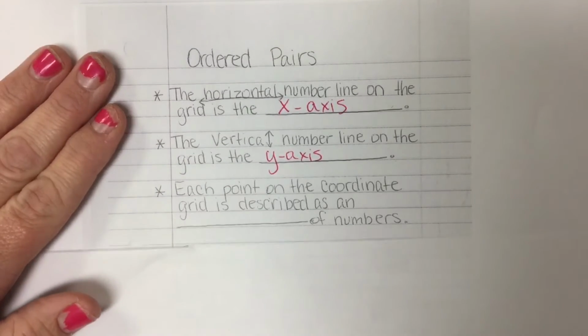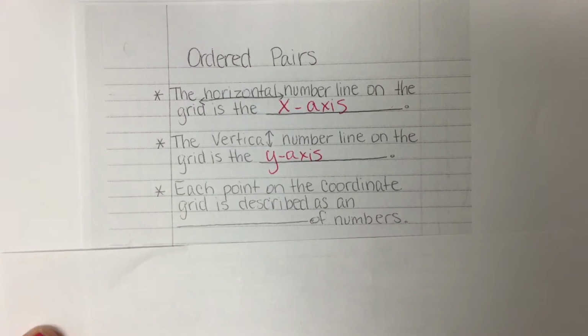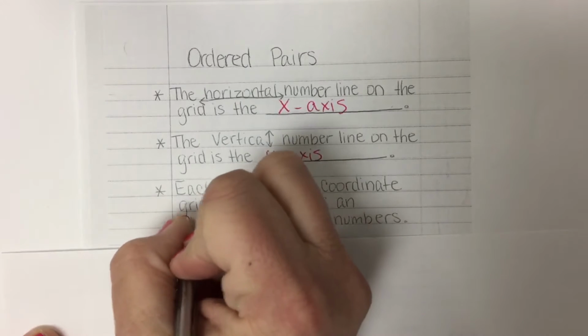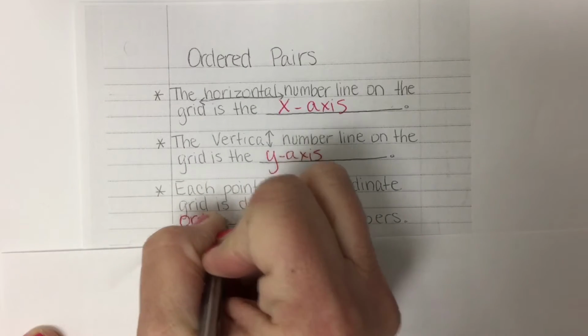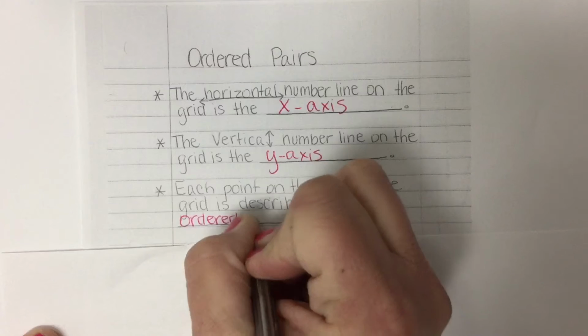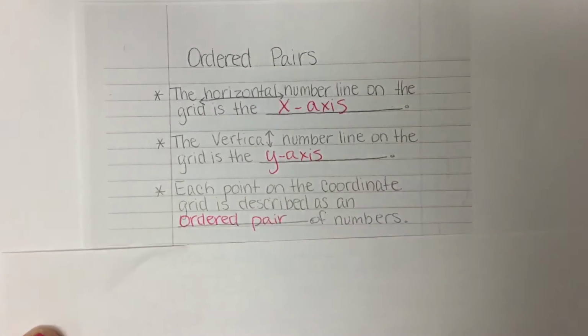Each point on the coordinate grid is described as an ordered pair of numbers.